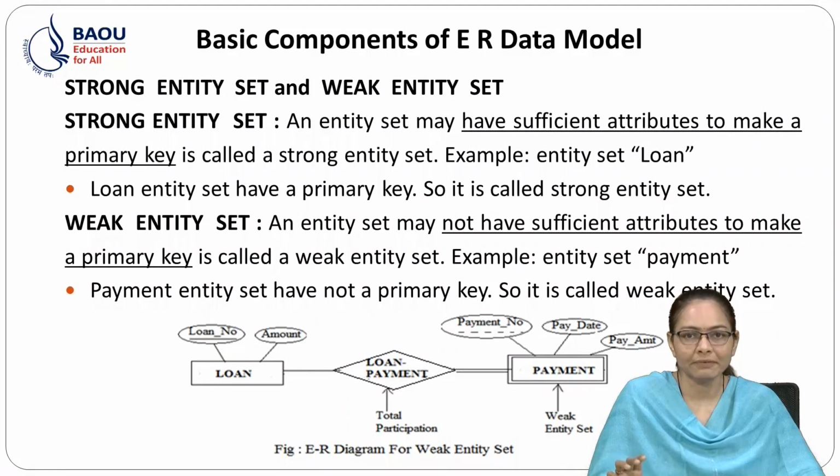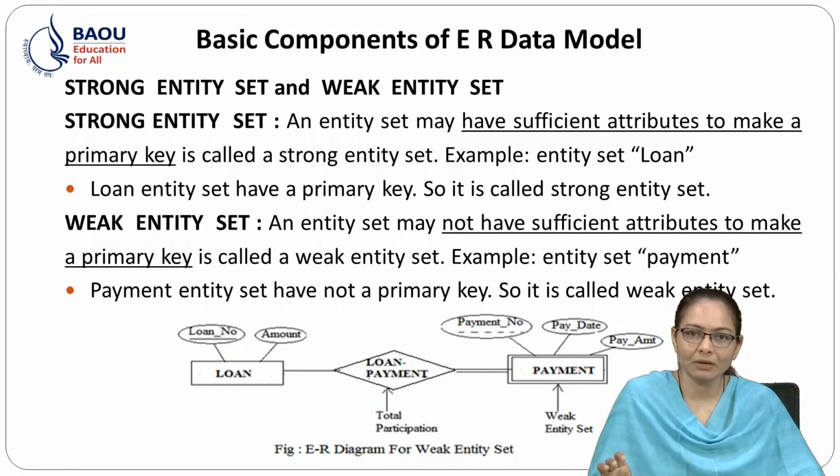Different loans may share the same payment number. Loan 1 has payment 1 and loan 2 also has payment 1. So the payment number is repeated, and we cannot make the payment number a primary key.